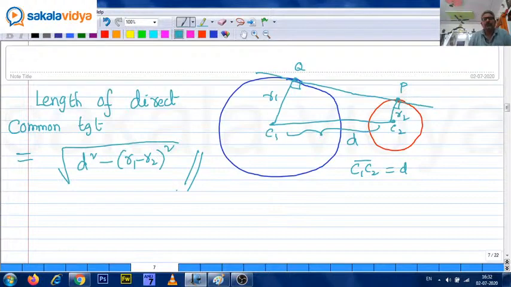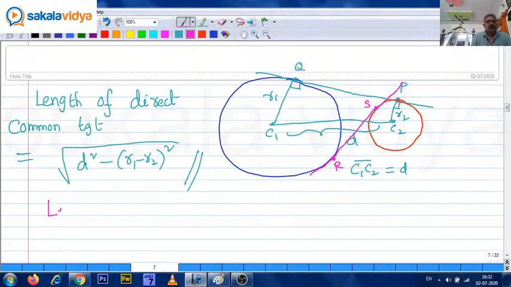So now, for this one only, try the transversal common tangent. Say for example this is RS.